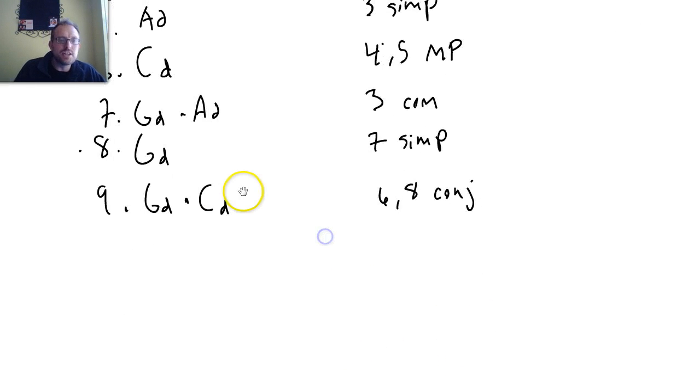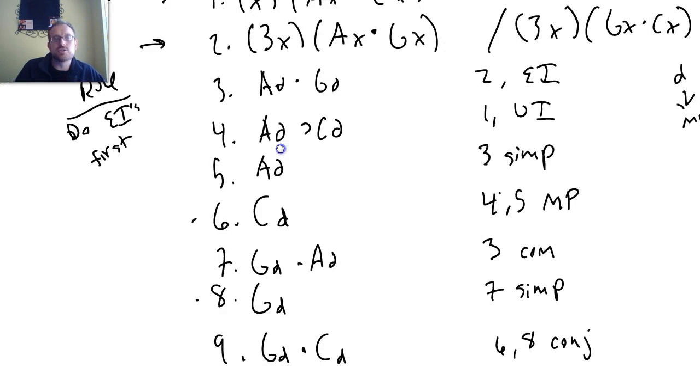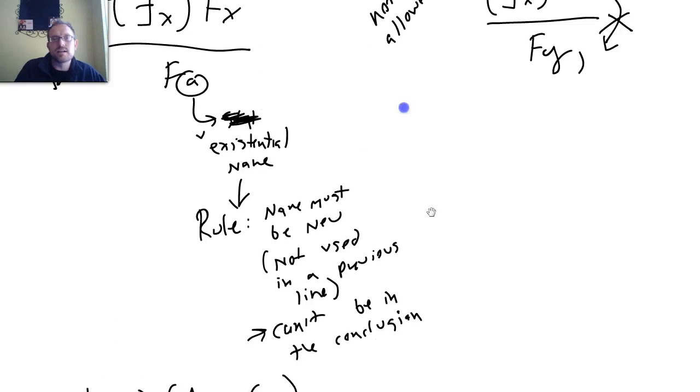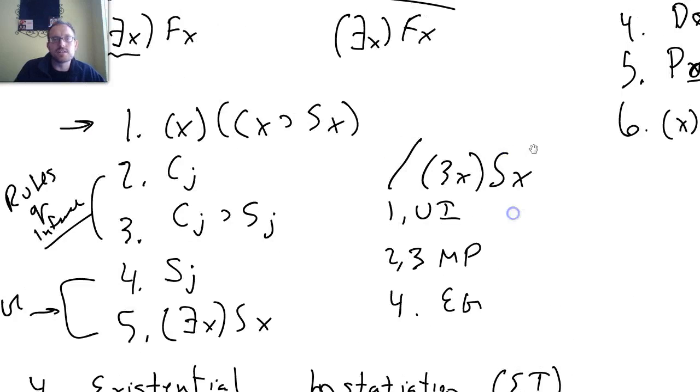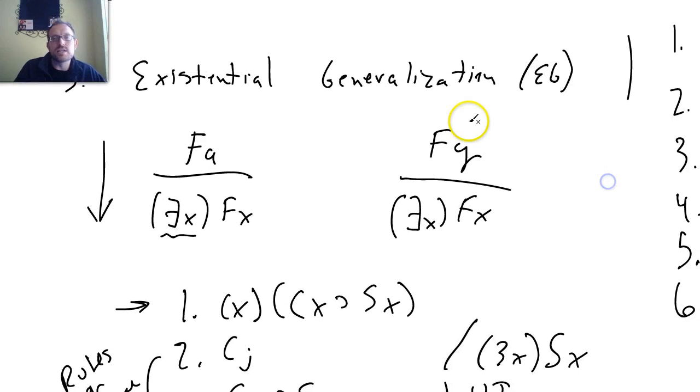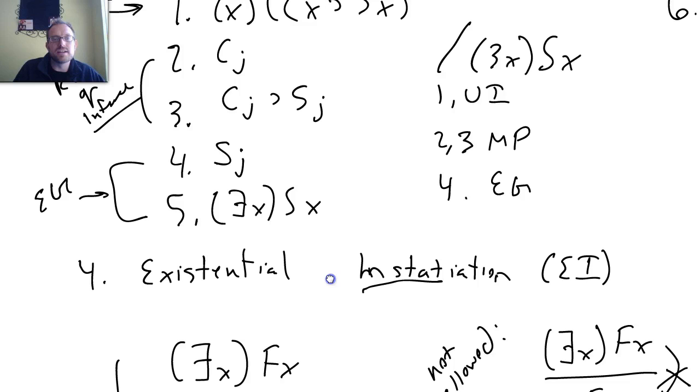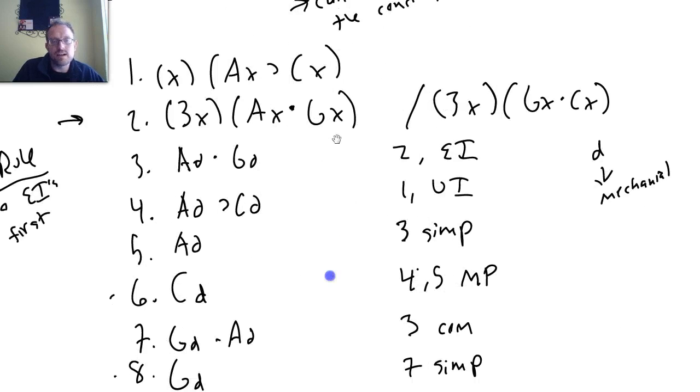Now that I've conjoined these together, I need to do my existential generalization. Remember here, where we have the existential generalization rule. I could have a constant or a variable, a variable or a constant. In this case, I have a constant, a D, which means I can now switch these out and add my existential quantifier.